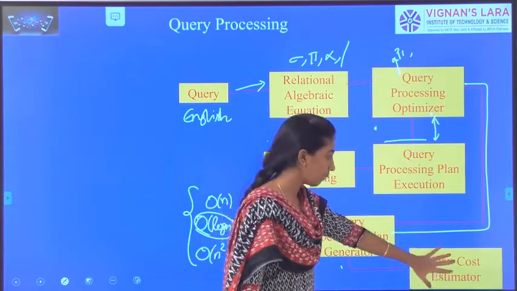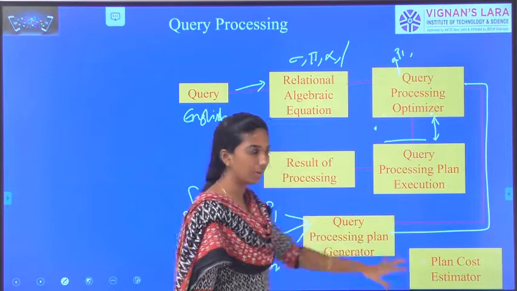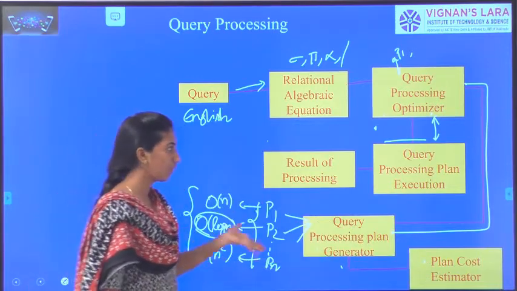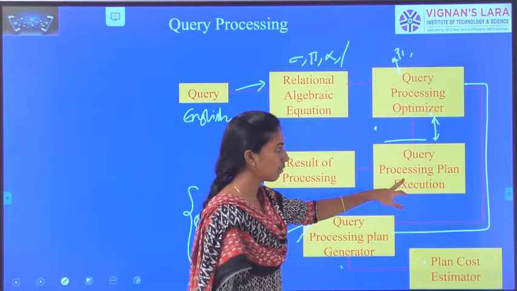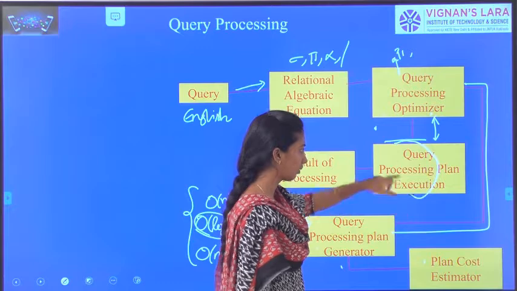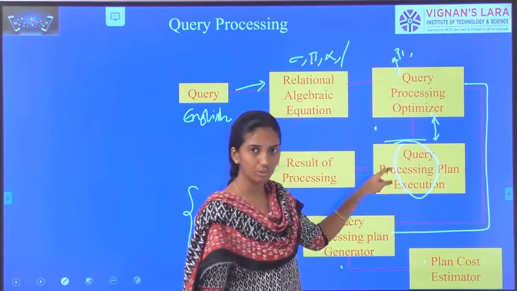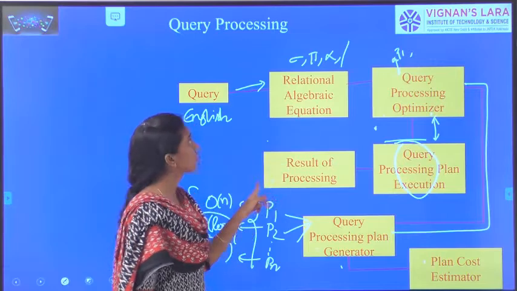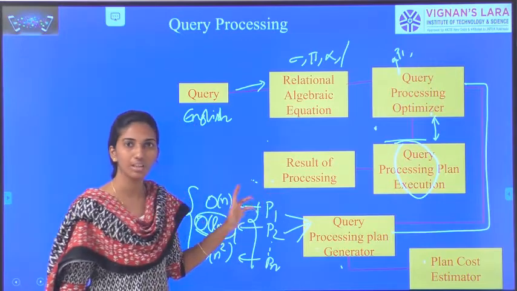At the plan cost estimator, it analyzes the time for each and every plan, and this result is given to the query processing plan execution. Using that plan, it executes, and whatever result we get is stored here. So this is the working of the query processing architecture.